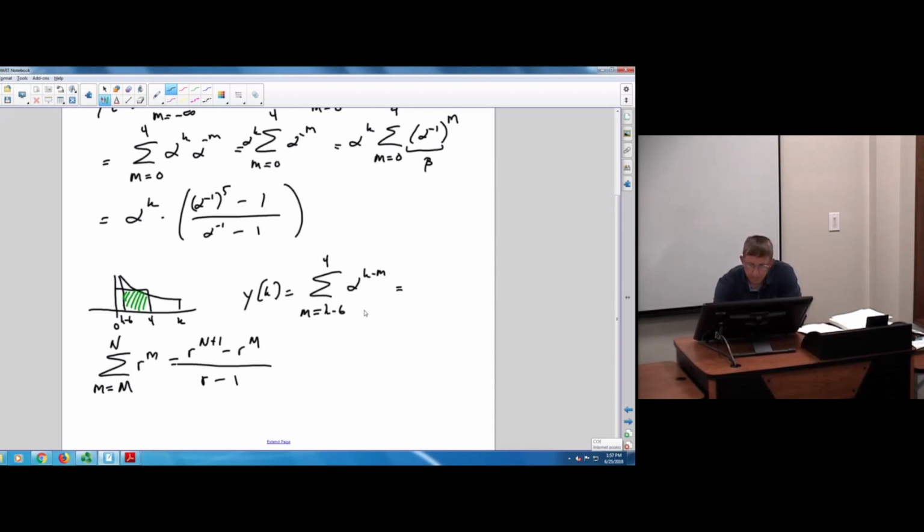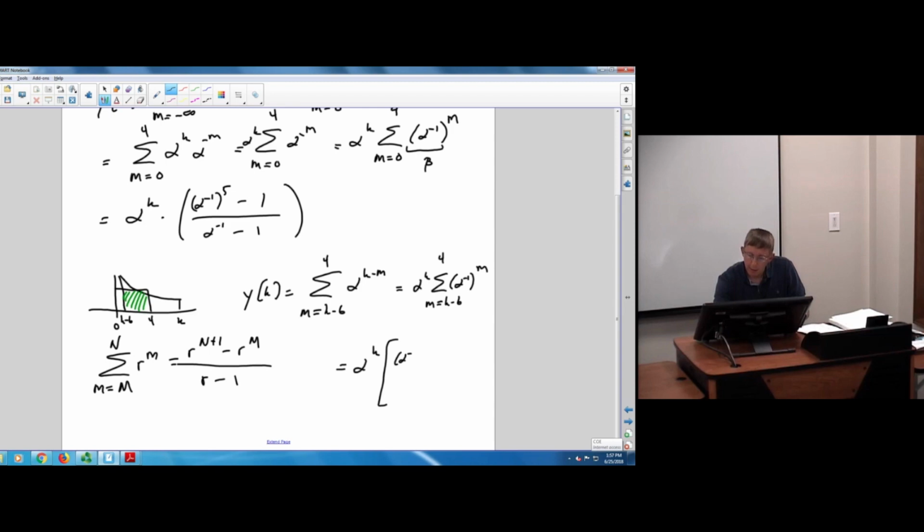That's alpha to the k, factor that one out again. That's the sum from k minus 6 to 4 of alpha negative 1 to the m. The sum of some number raised to the counter variable, starting at some number, going to some number. That's exactly what I have right here. So I can just write that down. It's alpha to the k.